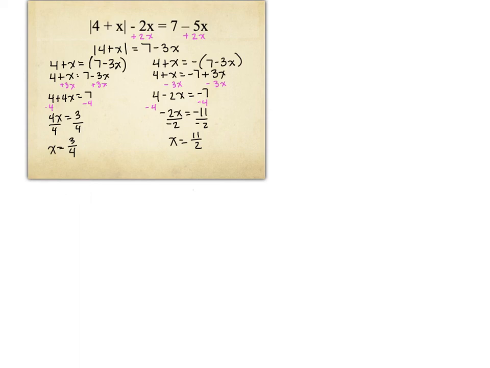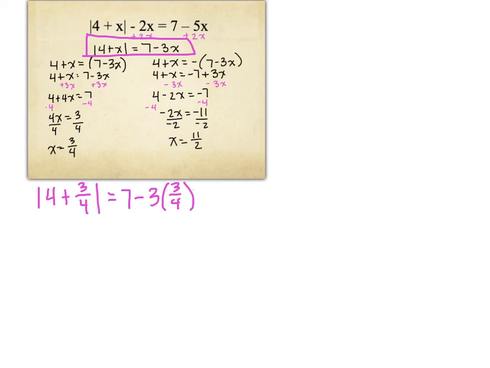What I'm going to do is I'm going to actually use this equation because it already combined like terms. I get the absolute value of 4 plus 3/4 equals 7 minus 3 times 3/4.